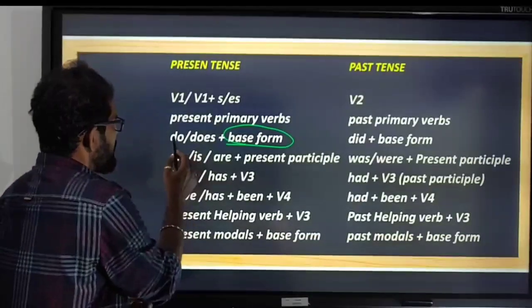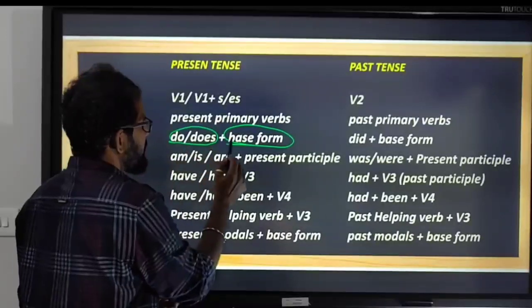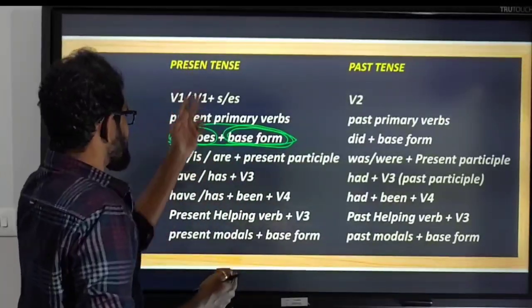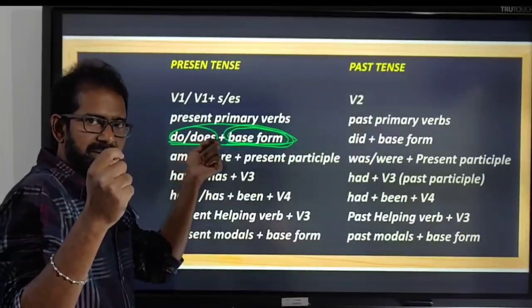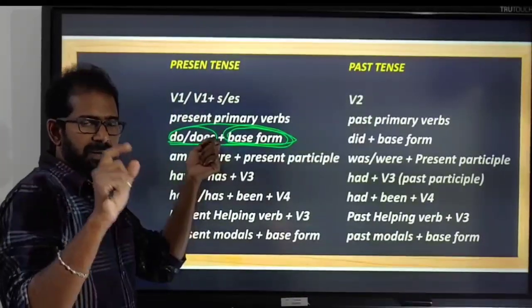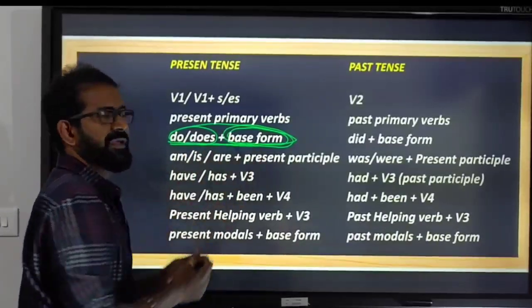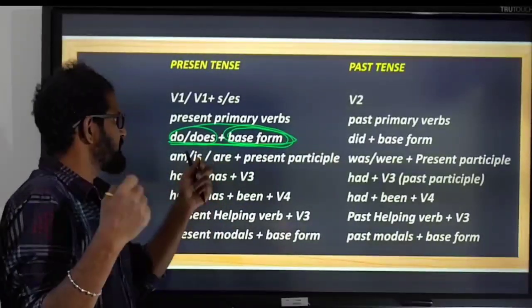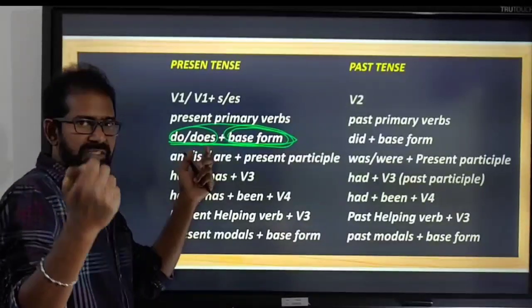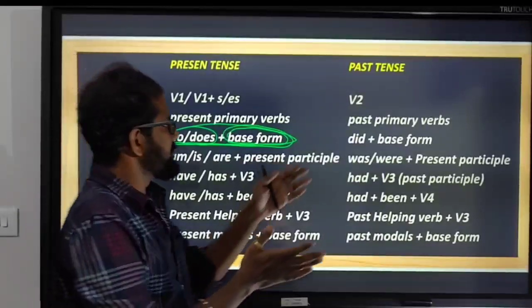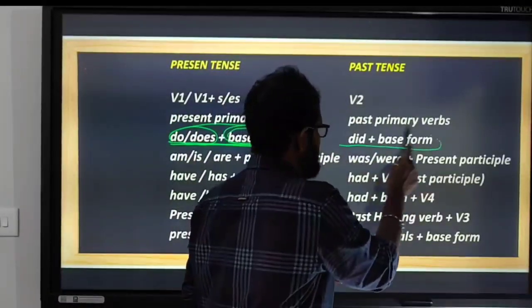Right. So here we use do, does plus base form. This form is used in present tense. If you want to make present negative sentences, we use this form. Similarly, when we ask questions in the present, we use do or does plus base form. When it comes to the past, we use did plus base form.